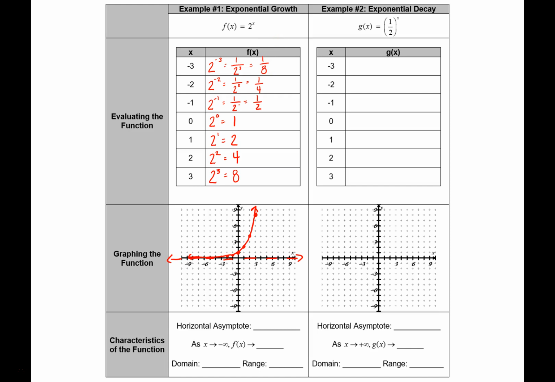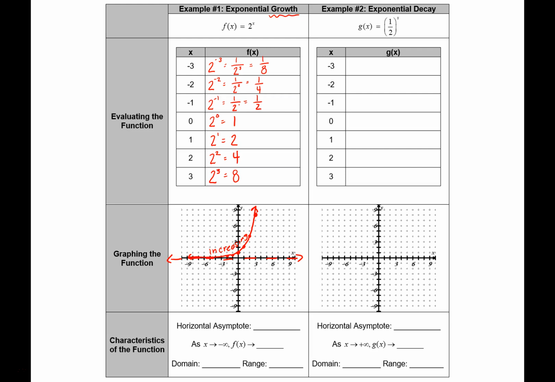So what's happening here with this graph is that we have this kind of hockey stick shape, right? We have this curve that's getting really close to the asymptote on one side and continuing to go up forever. Because this is an increasing line, that is why we're calling it a growth. It is growing really fast forever.